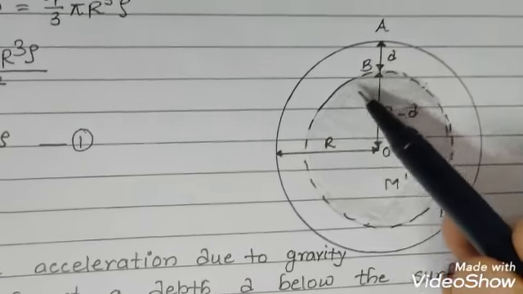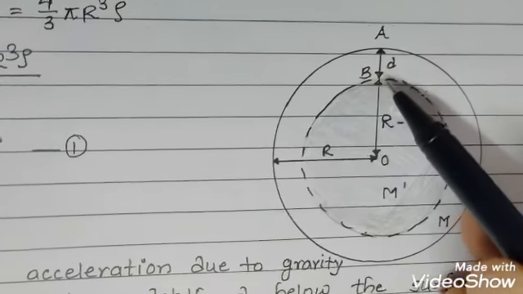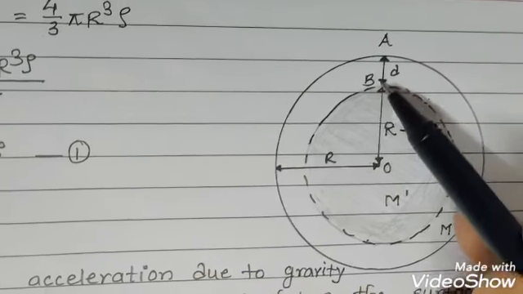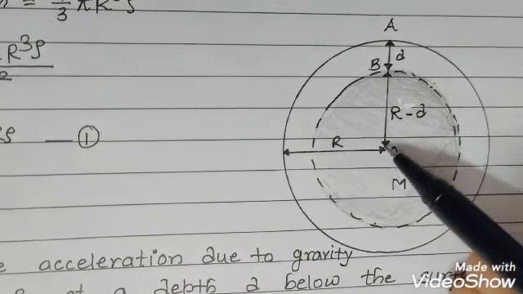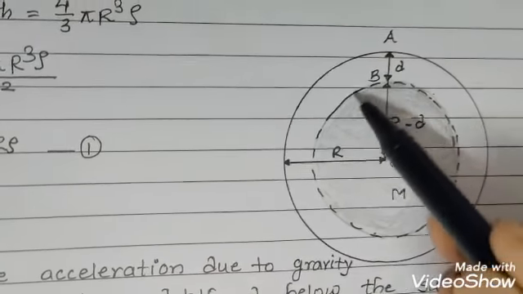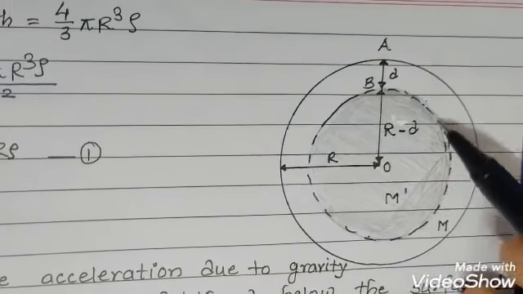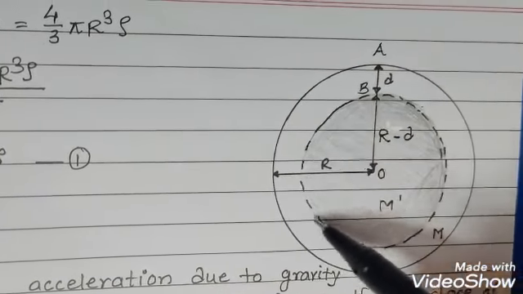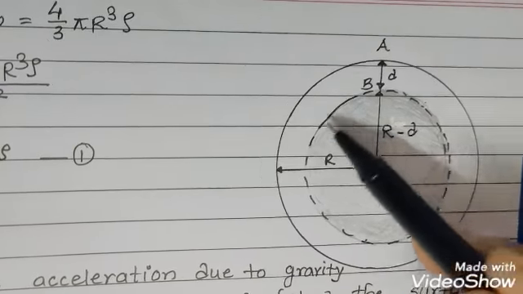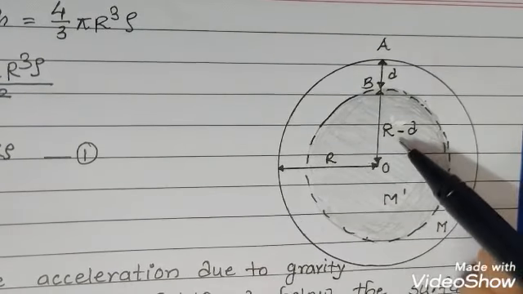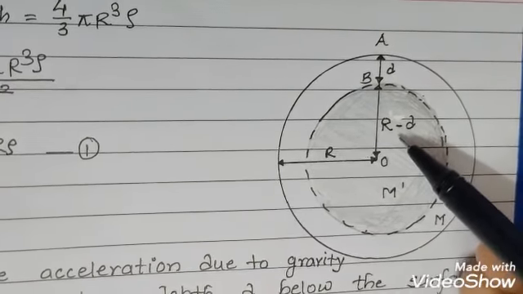As we know, the force that will work between B and O, the center of earth, for that this much mass of the earth will be responsible. That is, the mass of this smaller sphere of radius r minus d will be responsible.